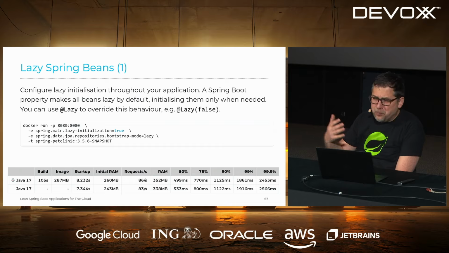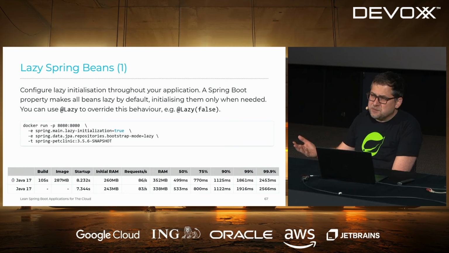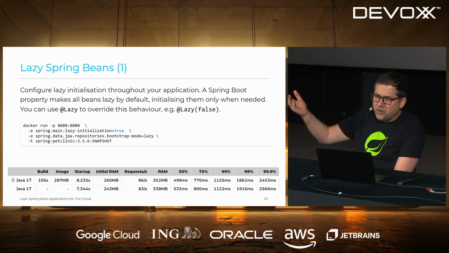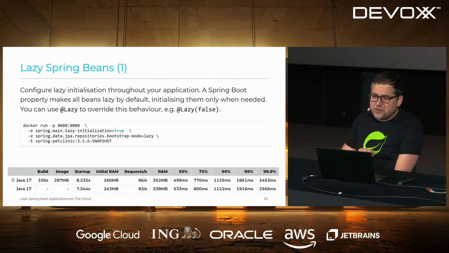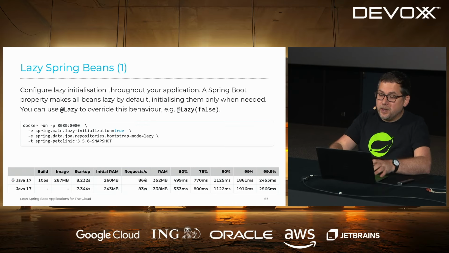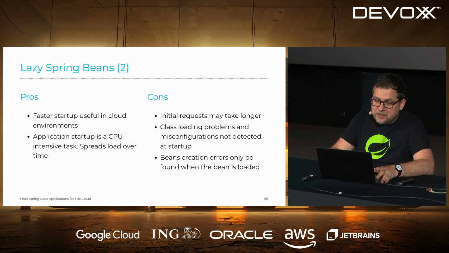Or do I probably want to have faster feedback when the application is started, something is misconfigured, it just should crash, instead of having the exception on a thread which is serving the request. So you have to ask the questions yourself, but I just wanted to show you, hey, if you want to optimize just for startup with some drawbacks, we can do that by defining lazy Spring Beans.